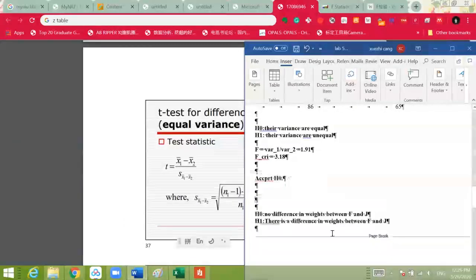Let's clean this draft and write the equation under our hypothesis. The t should be average 1 minus average 2, then divided by this long equation for the standard deviation.